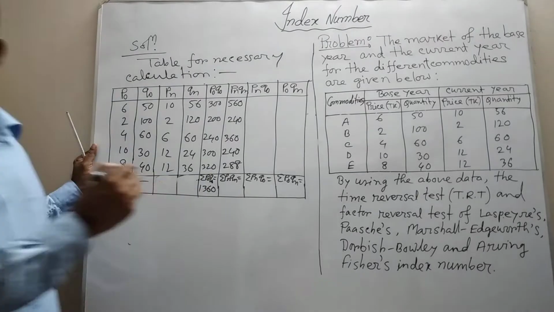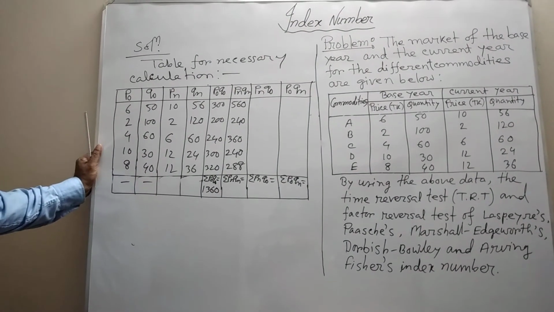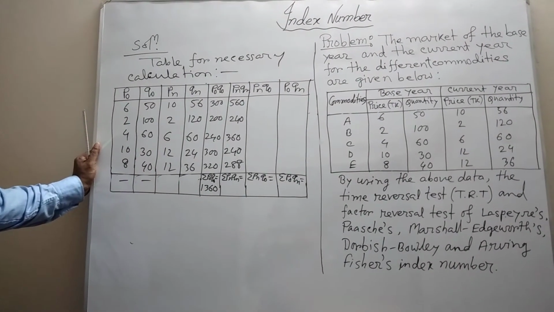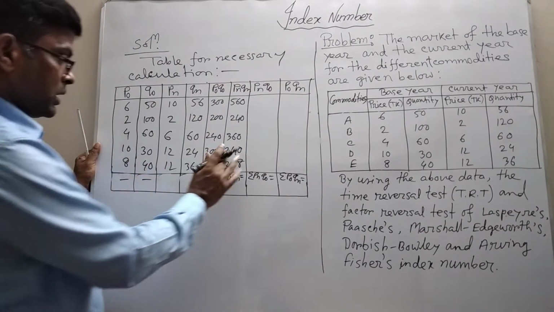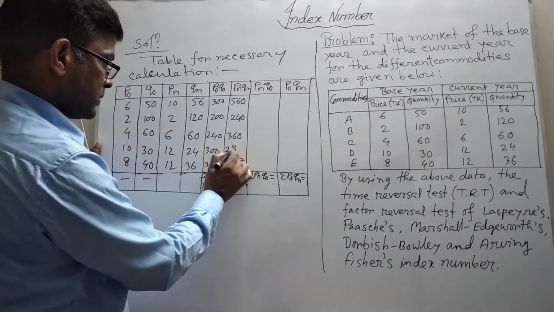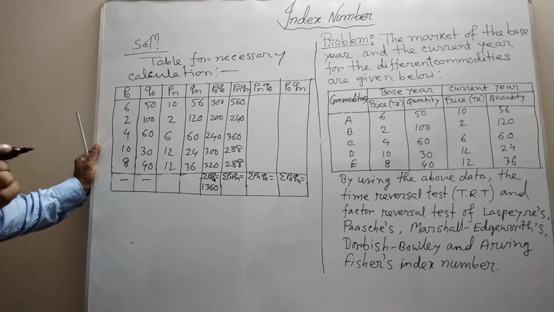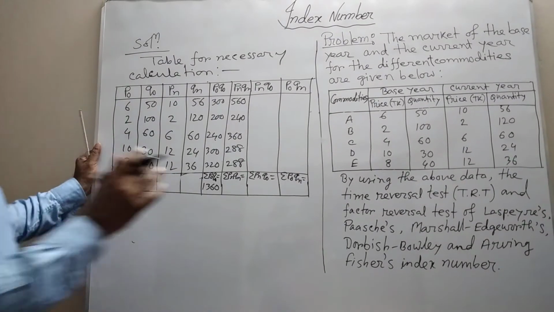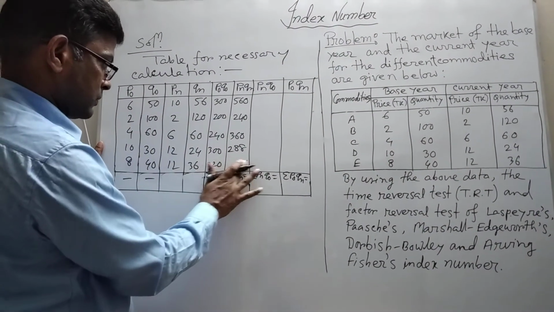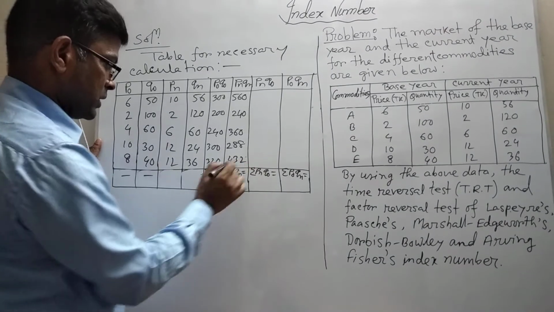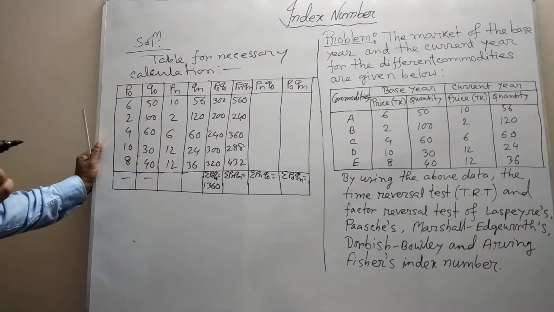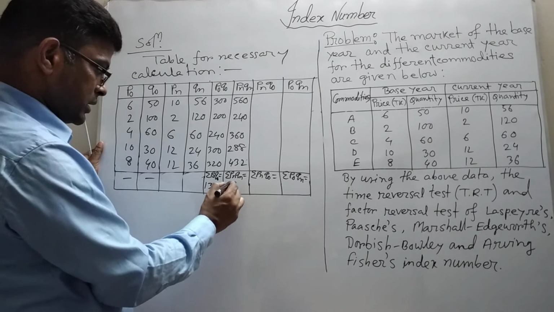Then the sum total is 1830. This is 288, and this is 432. That means the total is 1880.